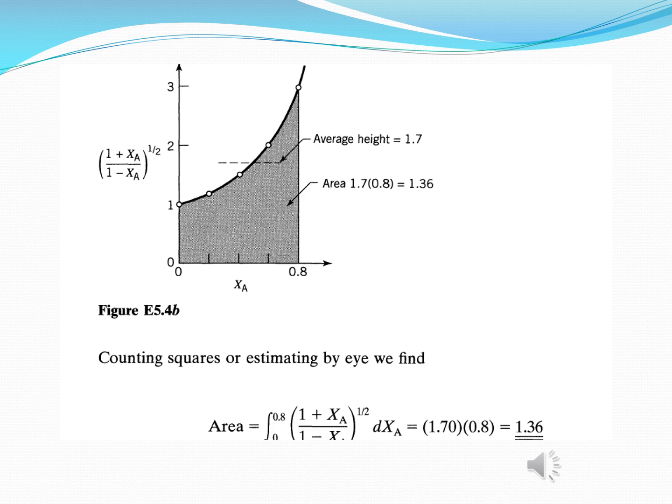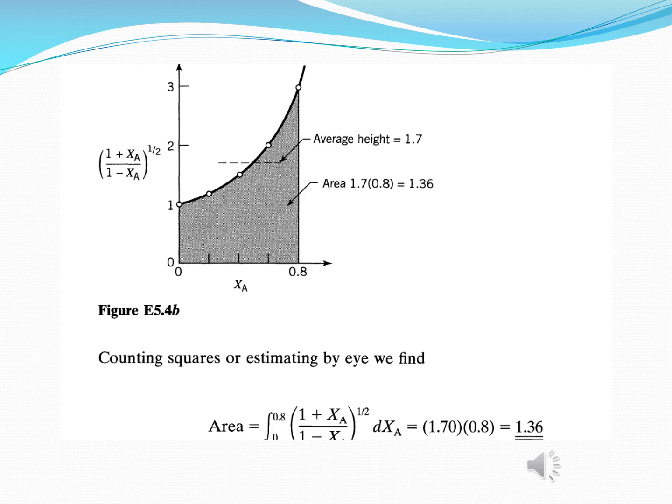We will first see the solution from the graphical method. For the graphical method, we have to plot the graph between the actual limits which we have applied, that is the conversion in our case, on the x-axis from 0 to 0.8, and on the y-axis we plot the function value, which comes out to be 5 values.